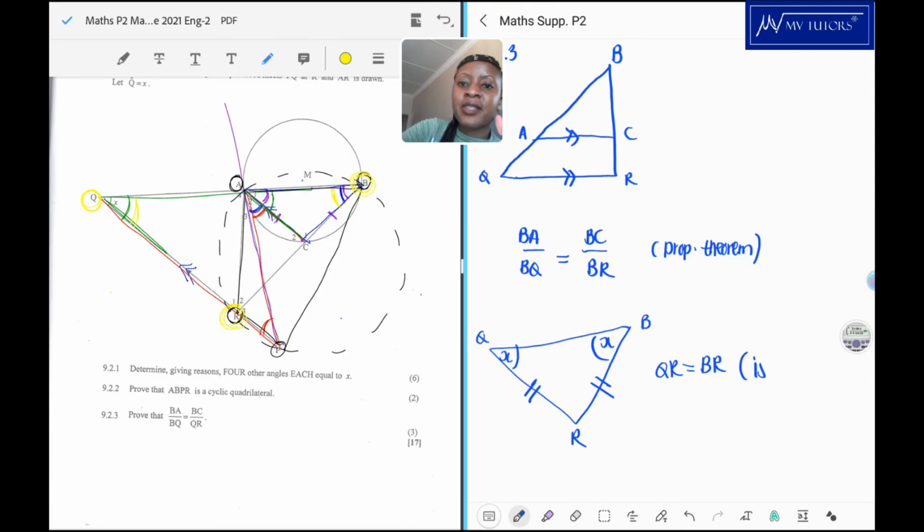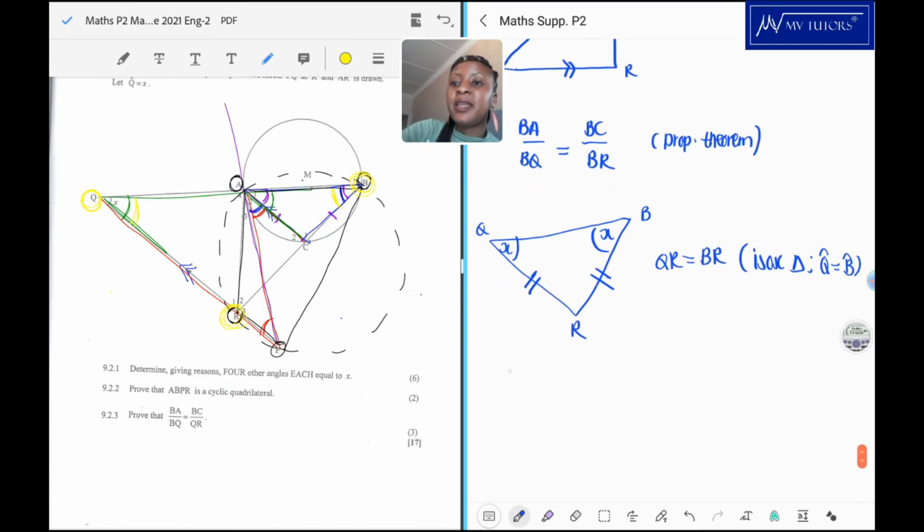Because I have an isosceles triangle, where I know that the angle Q is equal to the angle B, and I've already proved it before, so I don't need to write the reason again. So finally then I can say that BA over BQ is equal to BC, and instead of BR I can say QR. And that is it.